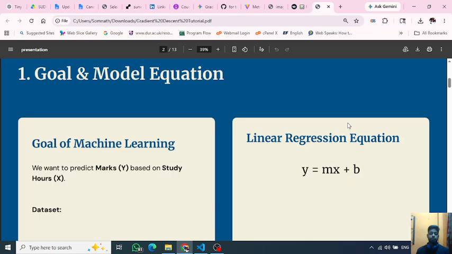So, for example, the goal of the machine learning model is to predict marks based on the study hours, as I showed in the previous lecture as well. Here we are also working with the same example data set.